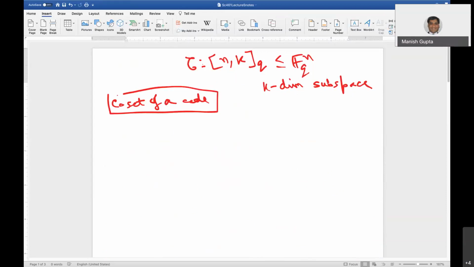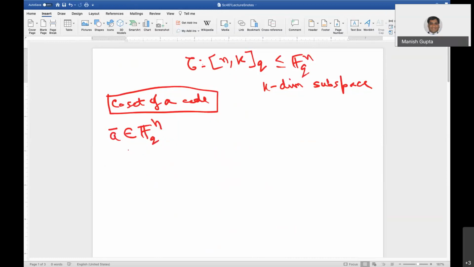Take a vector A in F_q^n, and suppose A is not in C, because if you take a vector in C, because of the closure property you will get C itself.